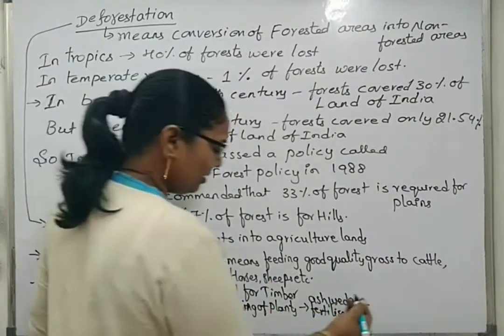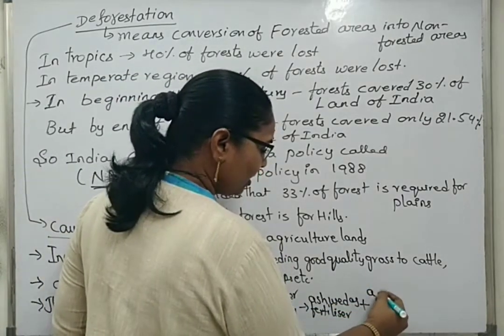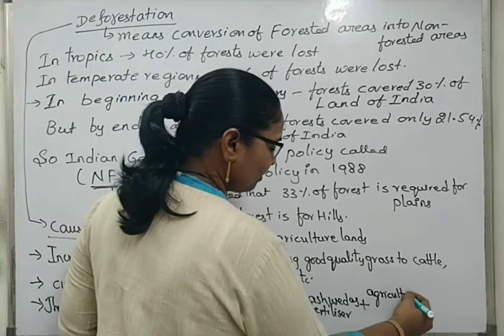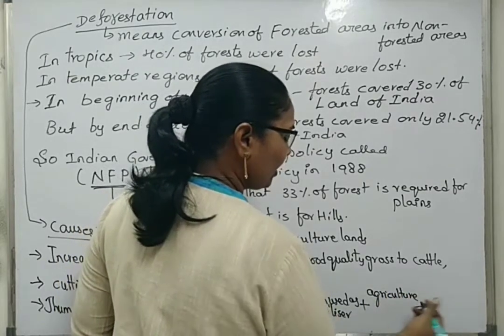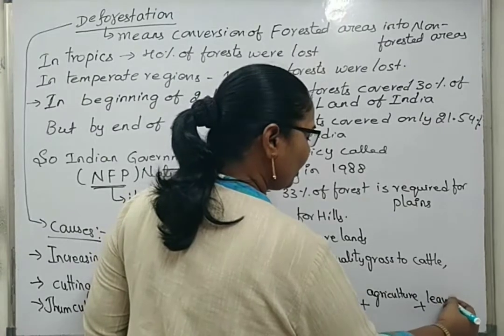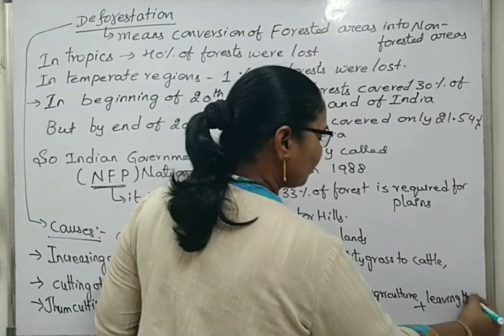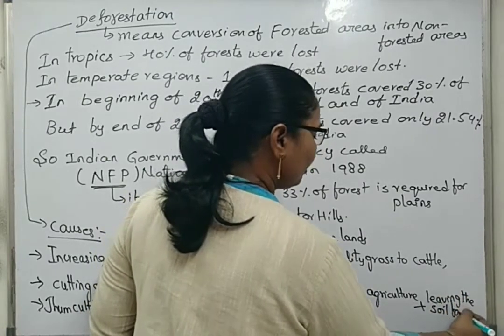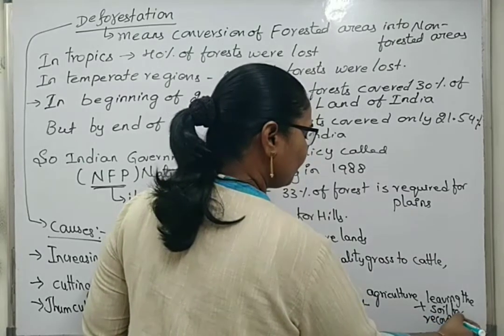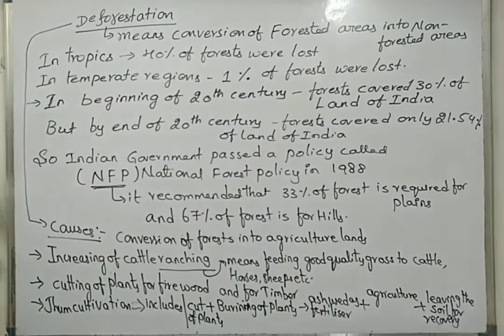The next step includes agriculture. The next step includes leaving the soil for recovery. This is the total process of Jhum cultivation. But nowadays, this is not being followed because of increased population.